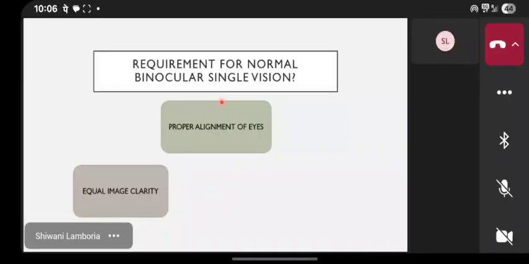Sensory fusion and equal image clarity should be there.